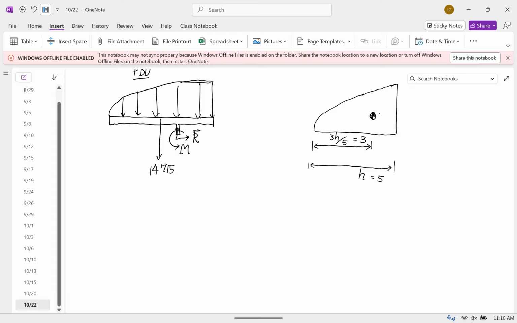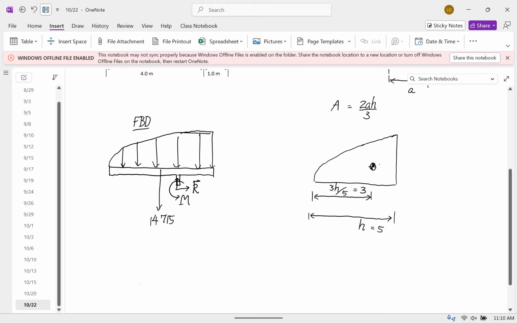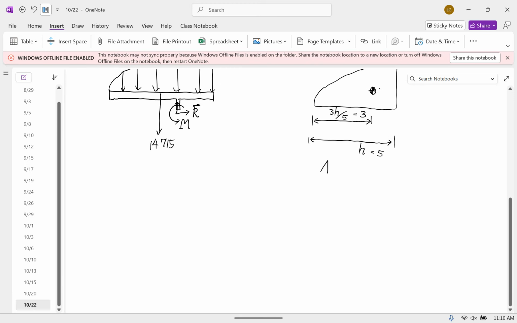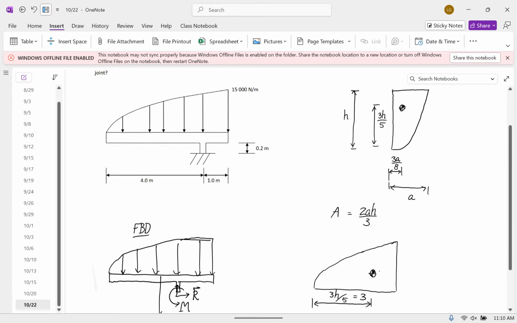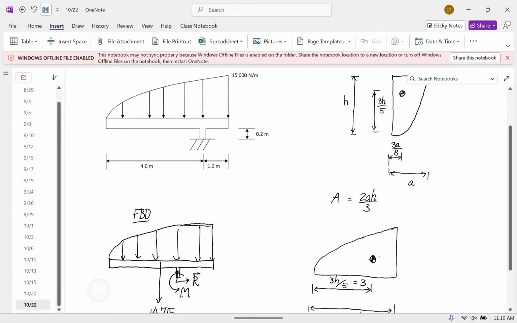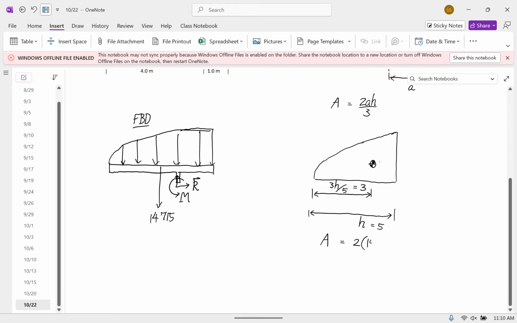So this is just equal to 3. That's convenient. And then the area is 2 times 15,000 times 5 divided by 3. So 150,000 divided by 3.